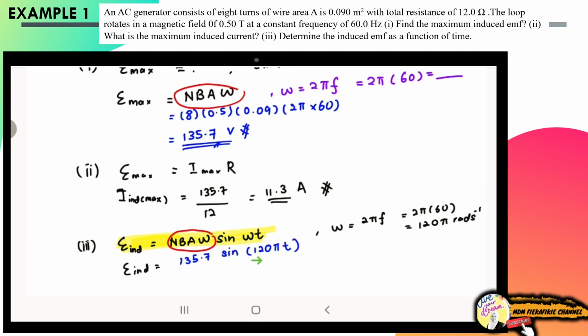Finally, look at here, we have an equation of induced EMF in terms of t. Let's say we want to calculate the induced EMF at t equal to 5 seconds. Then we can substitute in this equation. So, finish example number 1.